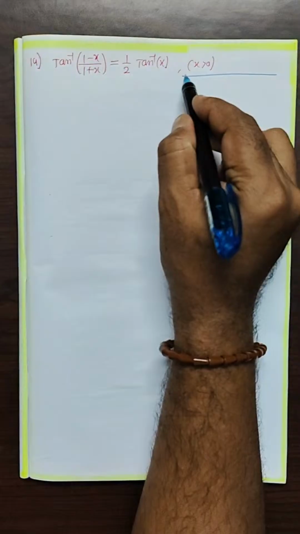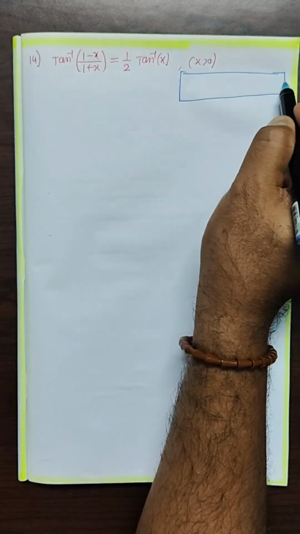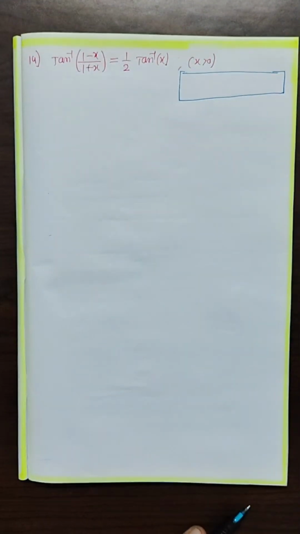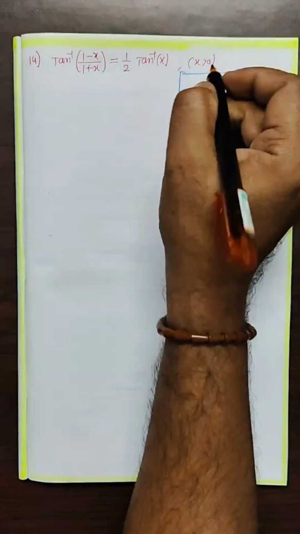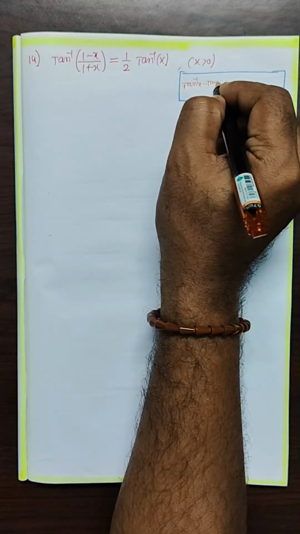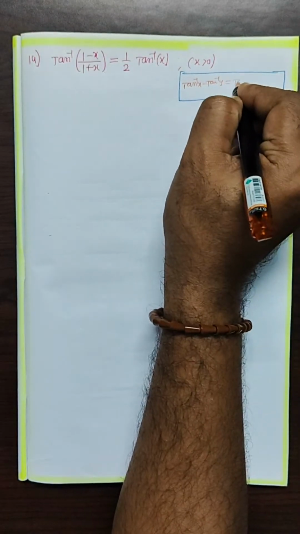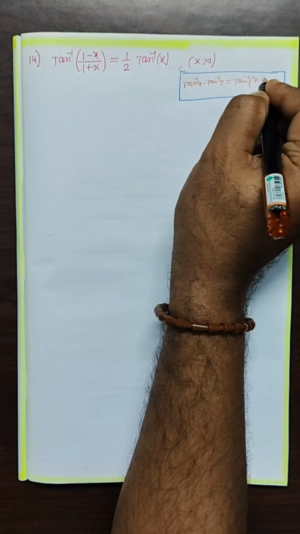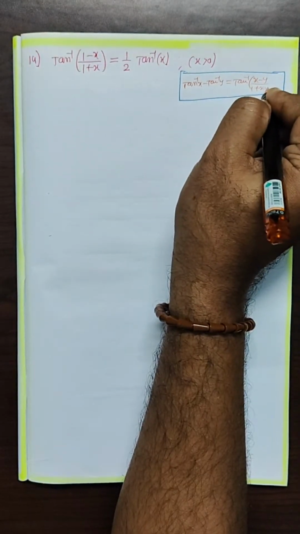Here, I am noting the formula: tan inverse x minus tan inverse y is equal to tan inverse of (x minus y) by (1 plus xy).